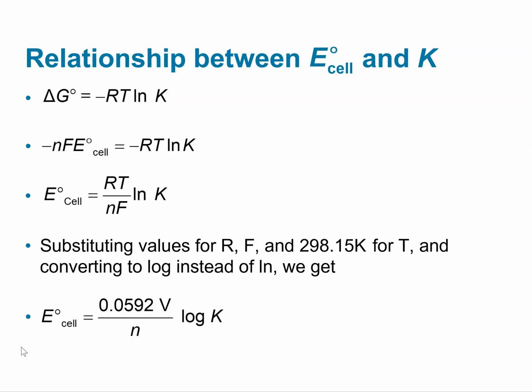If you substitute R and F and 298.15 K for temperature, because it's under standard conditions, we have 3 non-changing elements we can standardize here. We get 0.0592 volts divided by N times the log of K equals the standard potential of the cell.